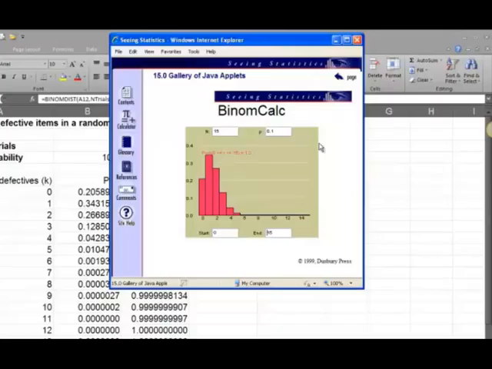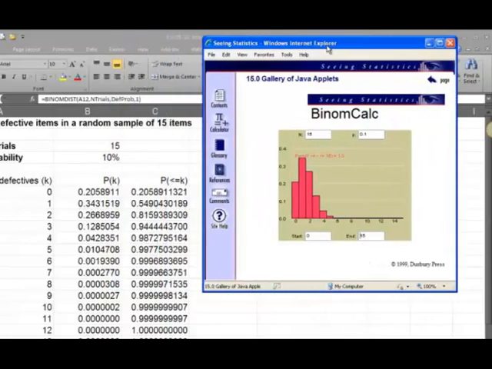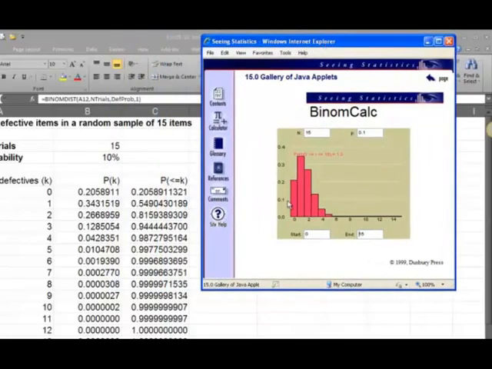This is the graphical picture of this probability distribution, and it's based on this binomial distribution calculation with n equals 15, probability of success equals 0.1 or 10%. And what I'm shading in red here is all the values of k from 0 up to 15. Okay, so the area of each of these rectangles is going to be the probability at each value of k.